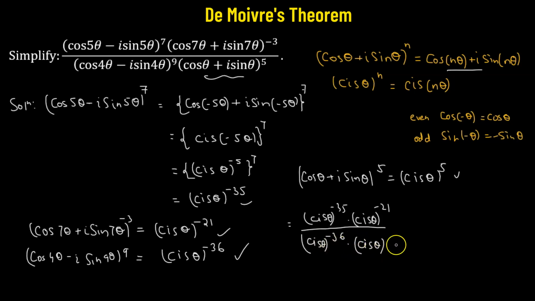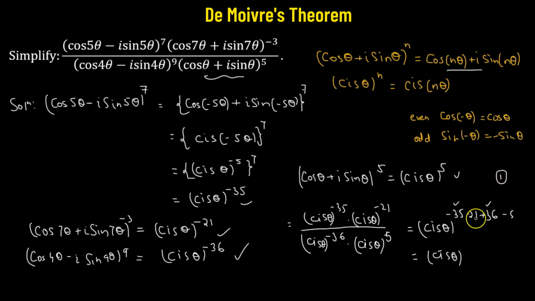Now we'll combine them. So we have cis of theta whole raised to the power of negative 35 minus 21. Negative 36 in the denominator becomes positive 36, and positive 5 becomes negative 5, so we have negative 5 added to positive 36, which gives us positive 1.